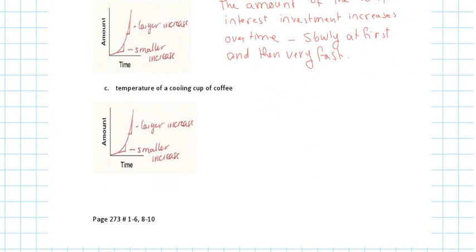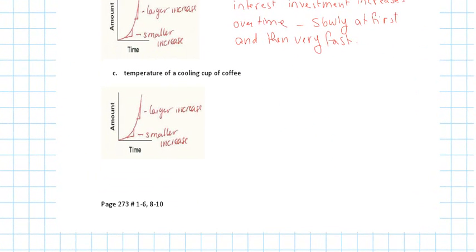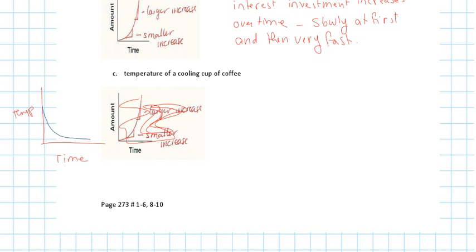This is their own graph here. The graph should look like... so you have a coffee cup that has coffee in it.